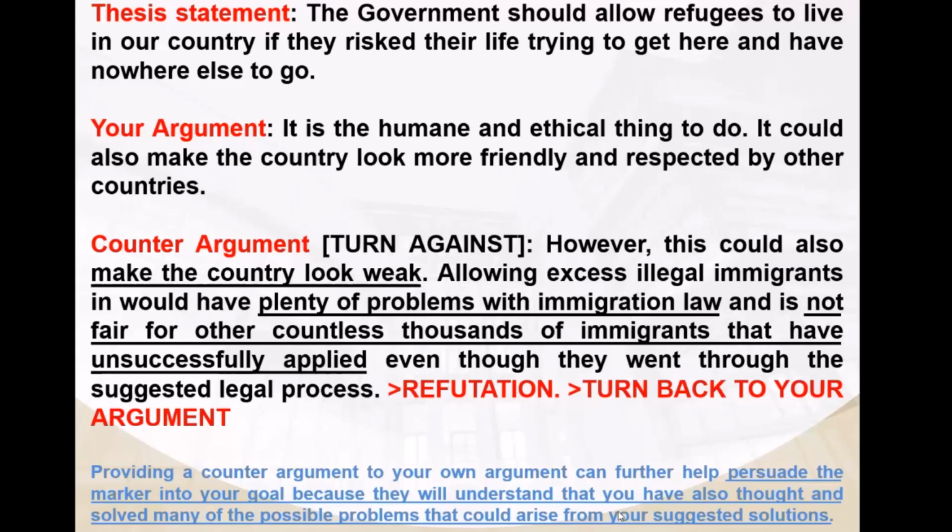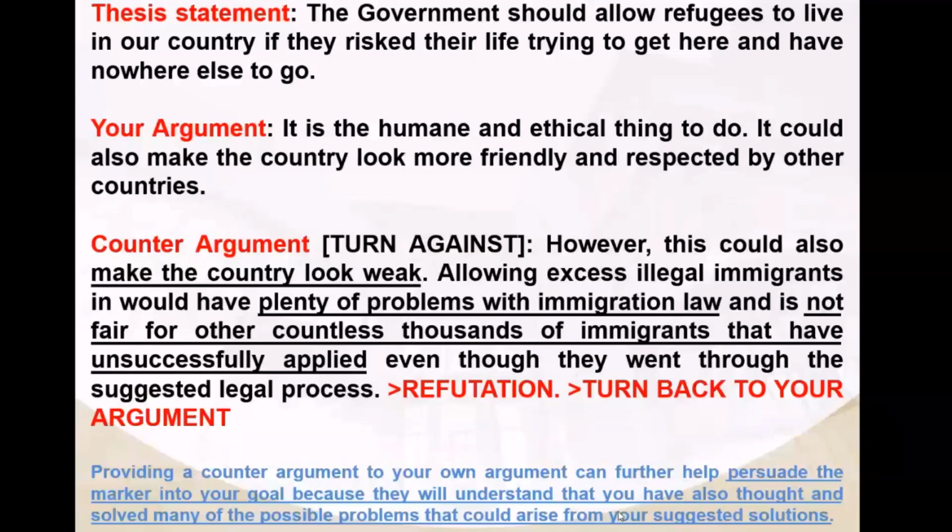Now, one of the ways to strengthen your argument is by including counter arguments. In other words, you need to think about what your opponents could be thinking on the same topic. You want to include points which attack your own argument, points which could be used by your opponent to criticize your arguments.